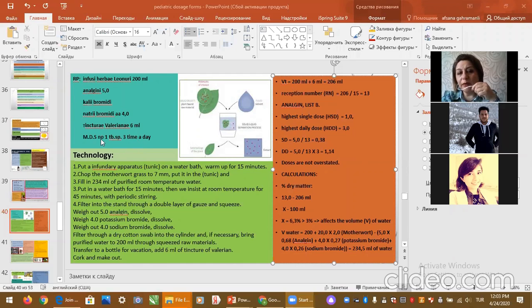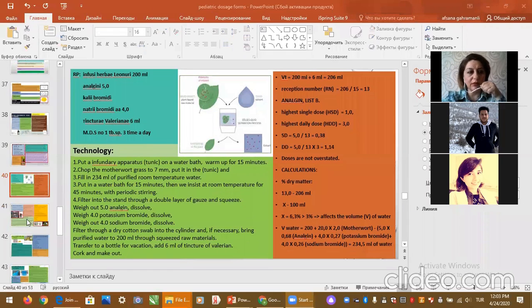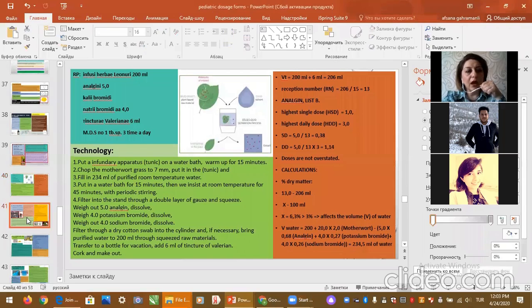In labeling, we write the signature, 1 tablespoon 3 times a day, time of preparing, the name of the pharmacist who made it, and the name of the pharmacist who controlled the making process. Okay, my dear.